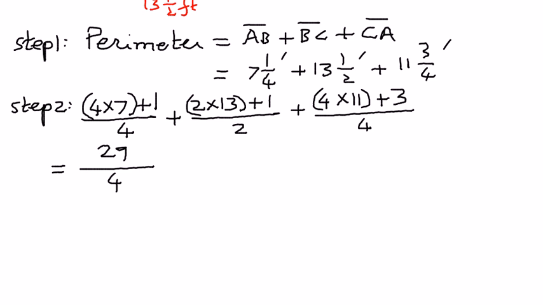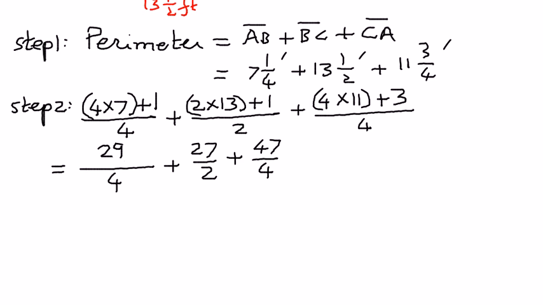So this is going to be 29 divided by 4, plus 2 times 13 is 26, plus 1 is 27 divided by 2, plus 4 times 11 is 44, plus 3 is 47 divided by 4.